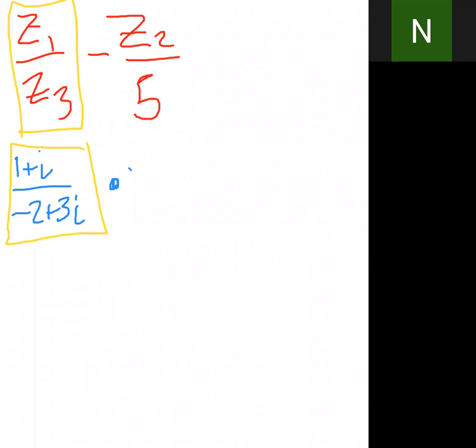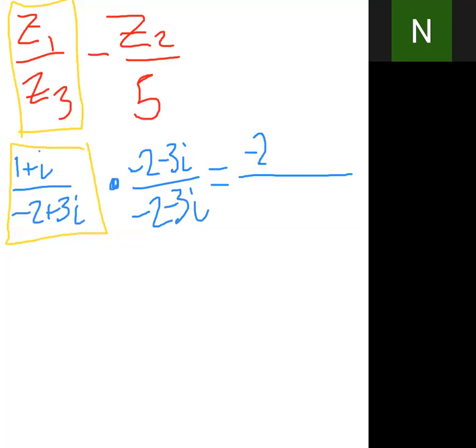So this is -2 minus 3i on the top and bottom, which I know I'm going to have to FOIL out on the top, which I'll do now: -2 minus 3i minus 2i, and then minus 3 times i squared, which makes that a positive 3.